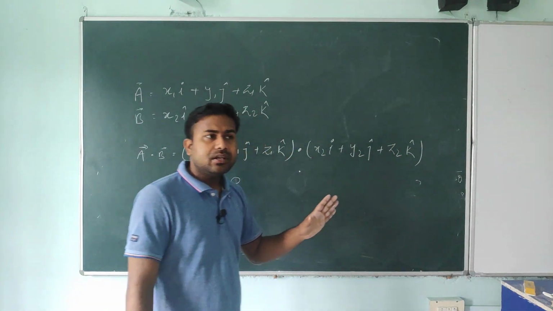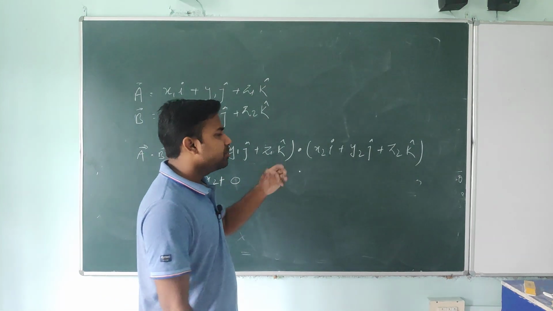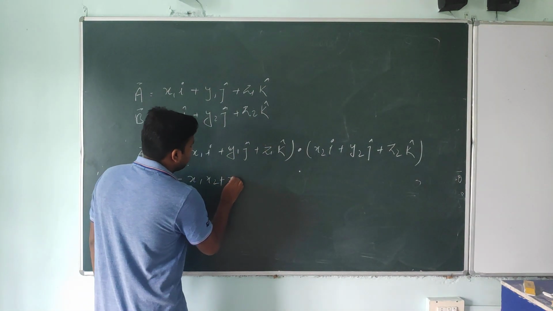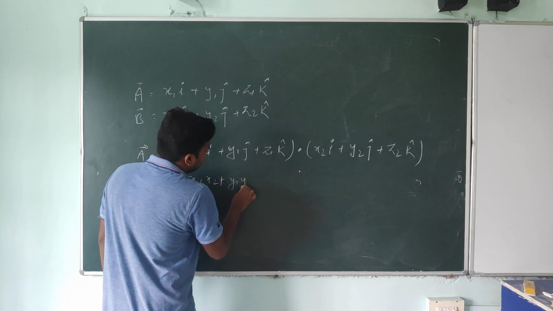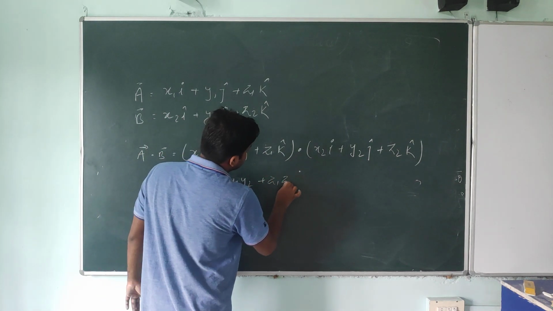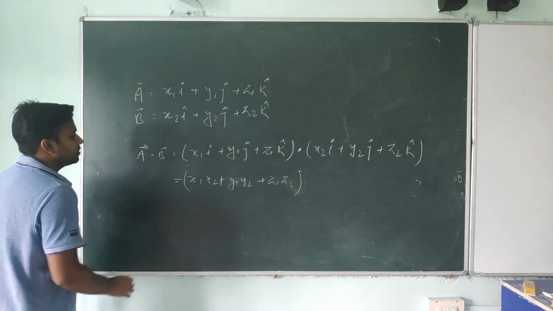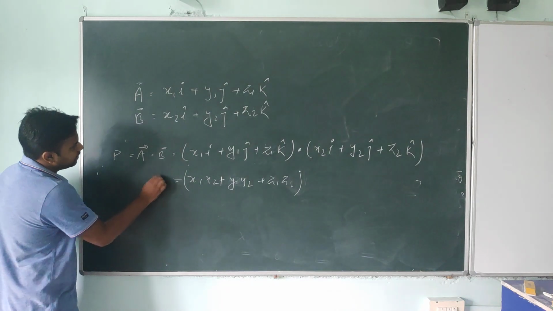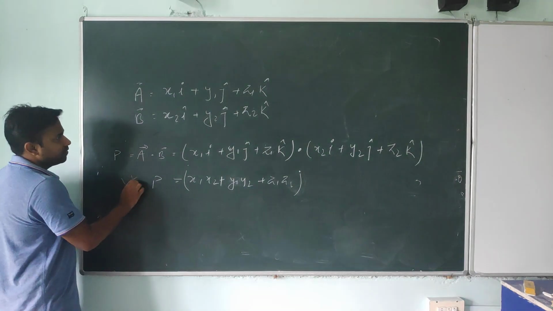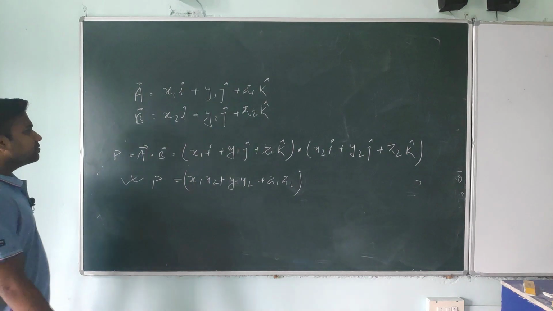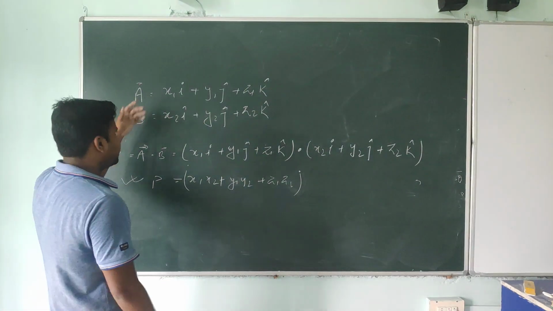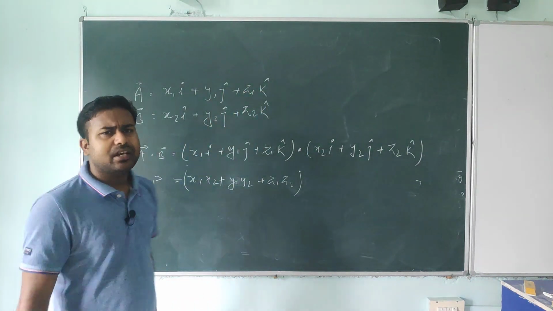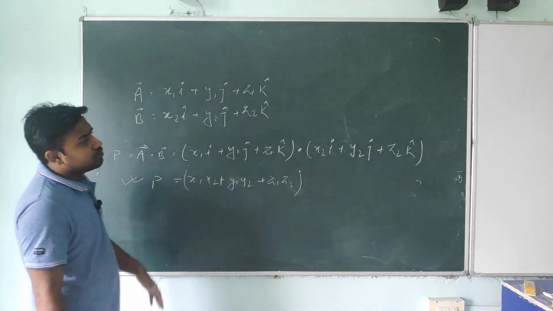Others will be 0. So what you can write here: x1 x2 plus y1 y2 plus z1 z2. This is the answer, and here you will get the scalar product. I suppose you understand. Okay students, now if I take the example 2 i cap plus 3 j cap plus 4 k cap, you can easily calculate.